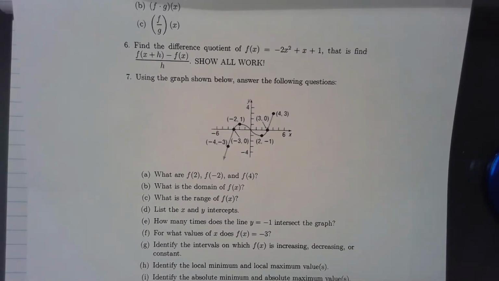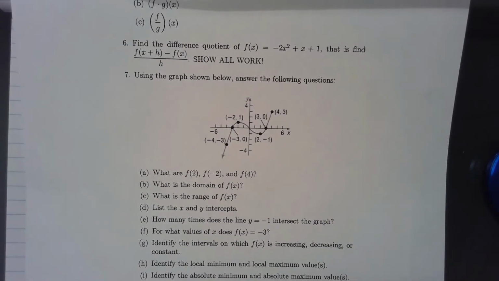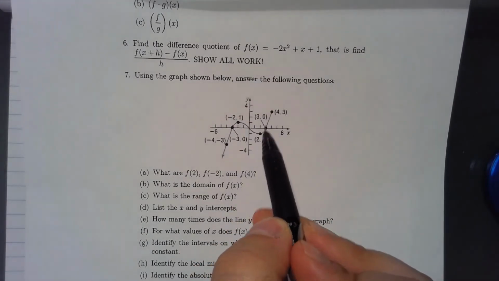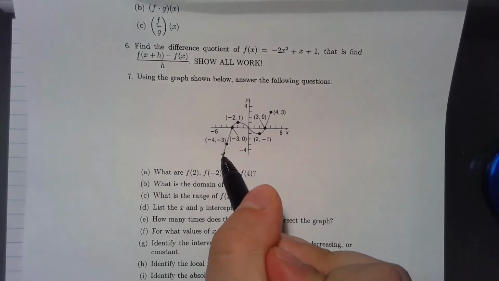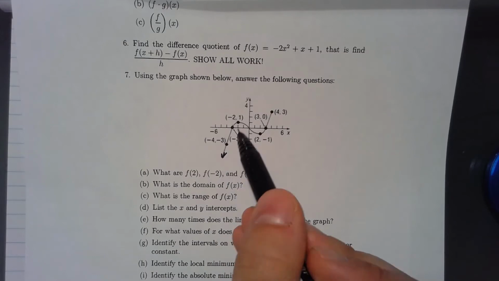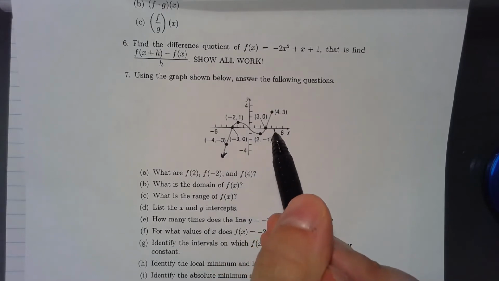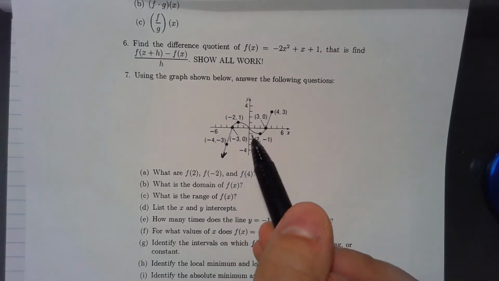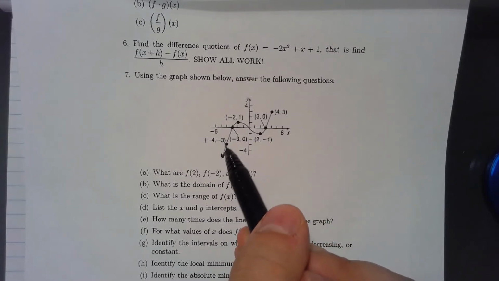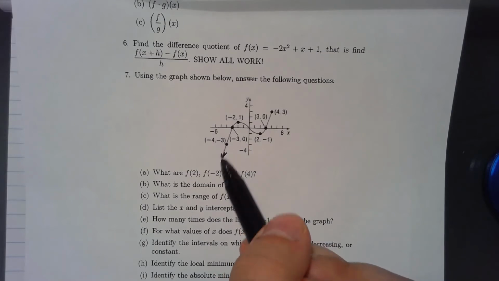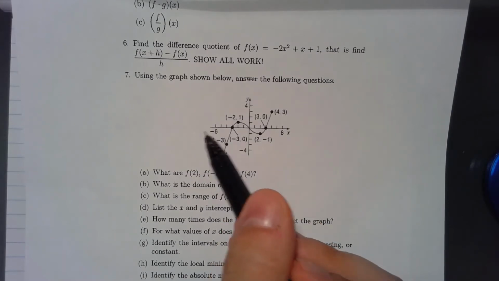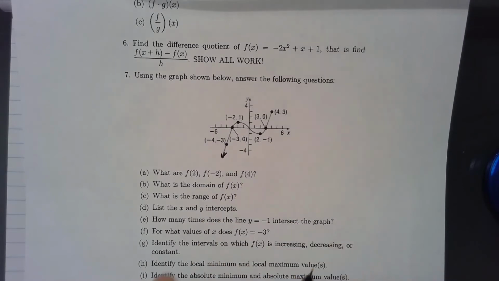What is the domain of f of x? So if you look at the function that's graphed here, notice there's an arrow right here, which means it goes down and to the left forever, right? So remember, the domain is the x values. Since it goes down forever, that means it's going to go to the left forever as well, out to negative infinity.